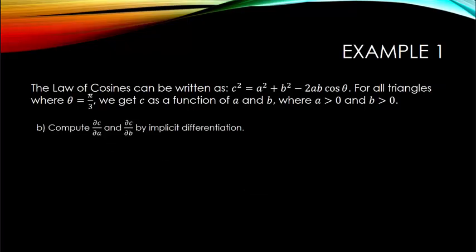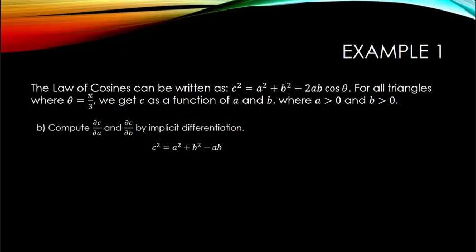Now I want to compute the same partial derivatives, but use implicit differentiation instead. What this means is instead of taking the square root of both sides to solve for c, I'm simply going to use implicit differentiation on both sides of c squared is equal to a squared plus b squared minus ab.